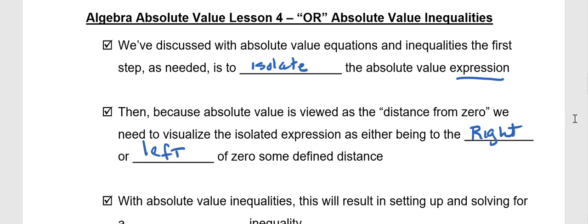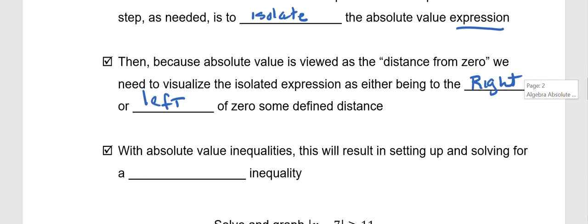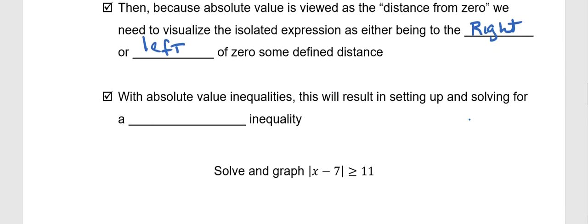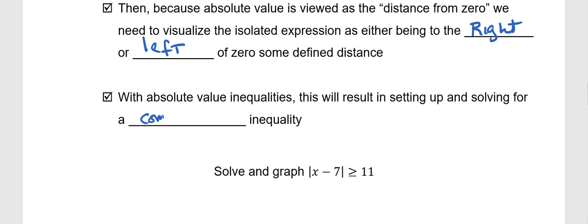And we saw that with the "and" statements that we solved in the last lesson. When solving absolute value inequalities, as we've already talked about, this will result in setting up and solving some sort of compound inequality.